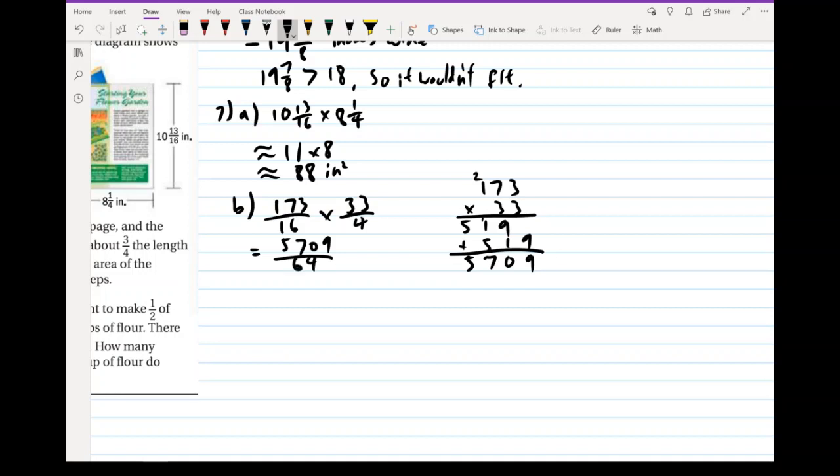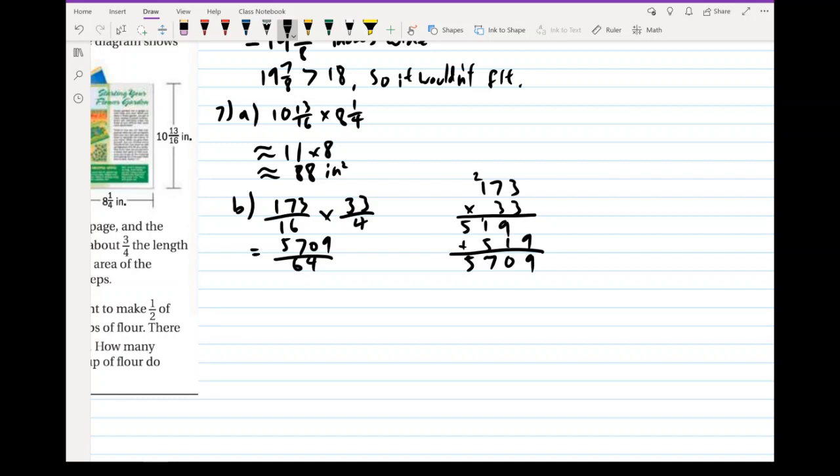And then change that into a mixed number. So how many times does 64 go into 5,709? I'm going to make a rough guess. For this one, I will allow us to maybe use a calculator. 64 times 80. Let's just try maybe 90, or 89, 88.